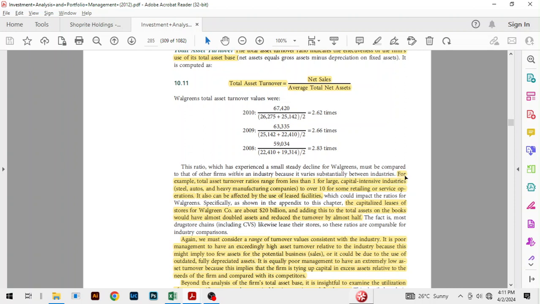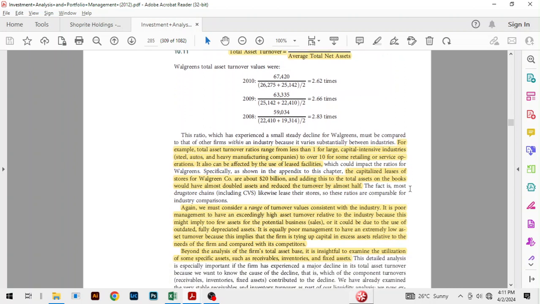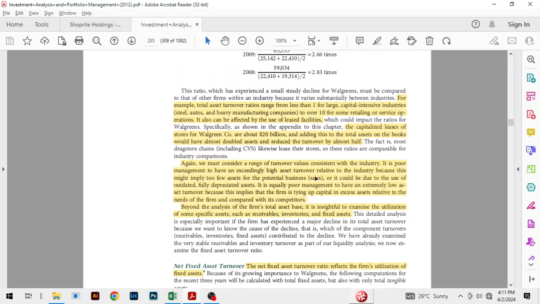So here the comment is, for example, total asset turnover ratio ranges from less than 1 for large capital intensive industries. So here we are saying it is poor management to have an exceedingly high asset turnover relative to the industry, because this might imply too few assets for the potential business, or it could be due to the use of outdated, fully depreciated assets.